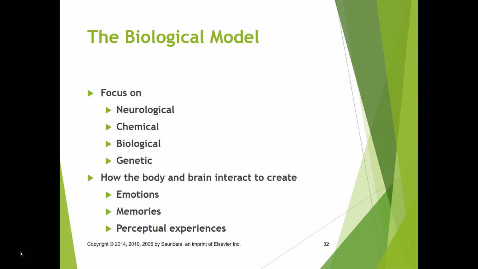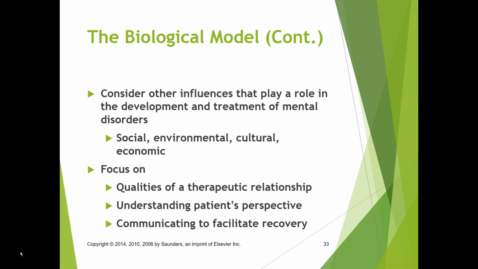The biological model focuses on neurological, chemical, biologic, genetic factors, and how the body and brain interact to create emotions, memories, and perceptual experiences. The biological model is certainly used more and more in mental health as we're really understanding that many of these illnesses are very much brain-based.